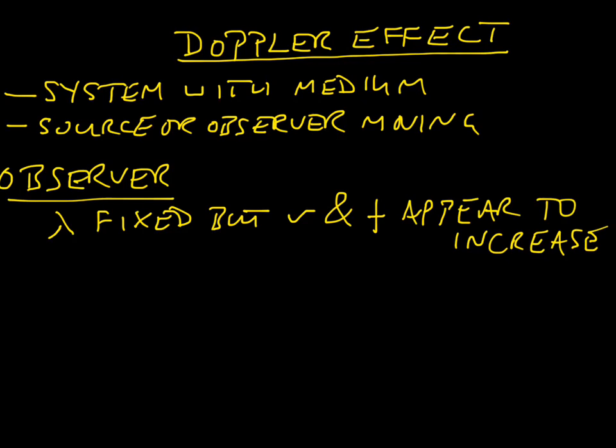Well, in particular, the apparent velocity with which the waves approach the observer, so I'm going to call that v prime, is going to equal v, the velocity of sound in the medium or whatever the waves are, plus VO, the velocity of the observer. Notice that using the signs that I've chosen here, the observer moving towards the source is positive.